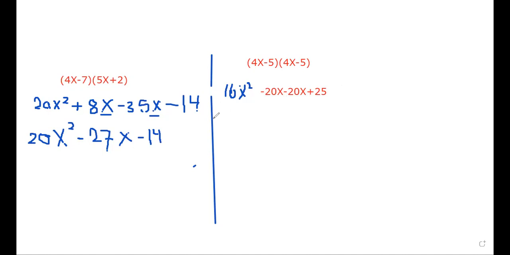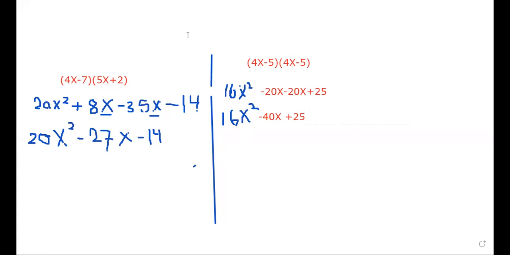Negative 20 and negative 20. Then we write 16x to the power of 2, and then we add negative 20 and negative 20 together. It will be negative 40x. We add and subtract coefficients, and keep the variables the same. Then plus 25. So the answer will be 16x to the power of 2 minus 40x plus 25.